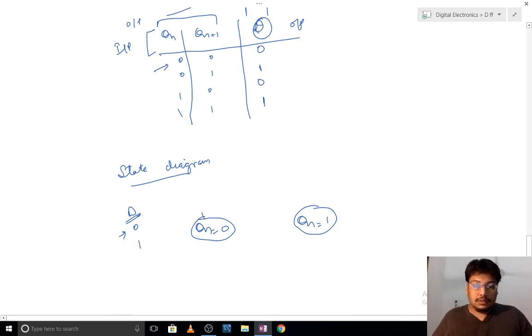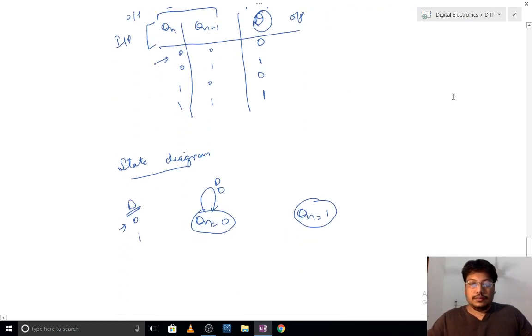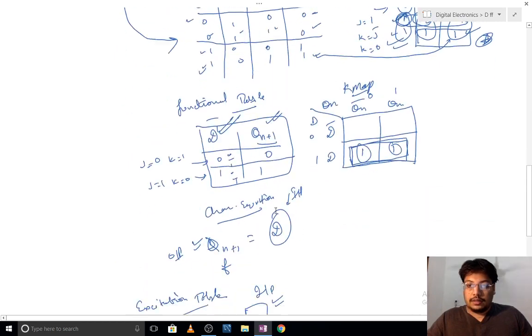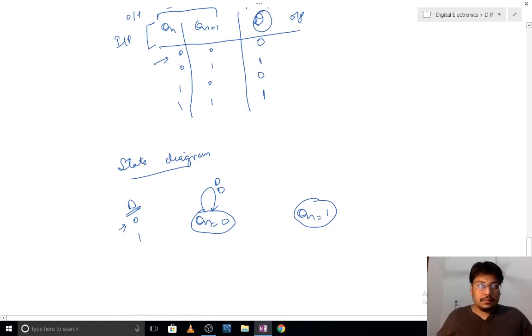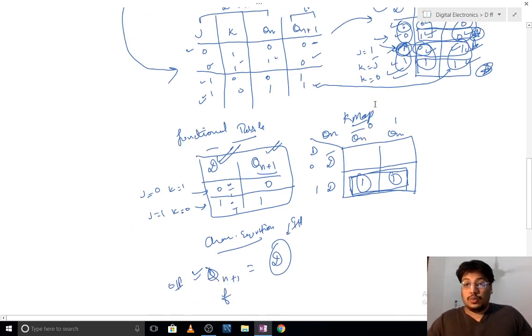So D is 0. And if D is 0 and Qn is 1, then the output is again 0. Now if D is 1 and Qn is 0, then the output is 1.